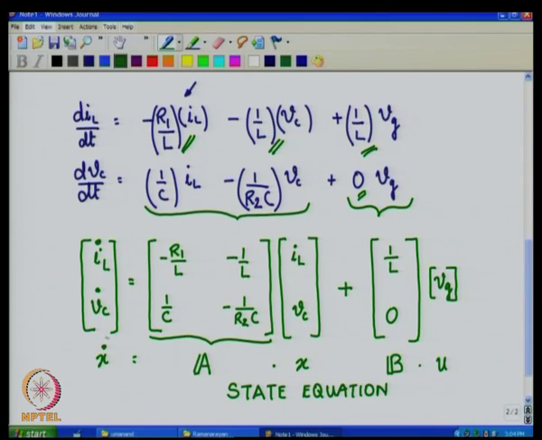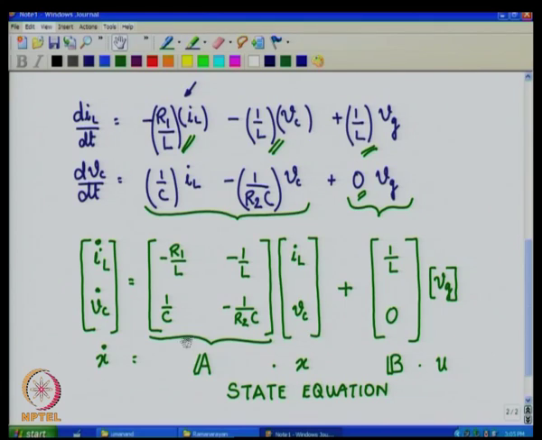Now, if you observe this equation, the x dot vector provides the derivative or predicts the slope at that current point of time, and which gives the possible extrapolation for the next or the future point of time. This is actually a prediction, how the state will evolve in future. That is what this would give.